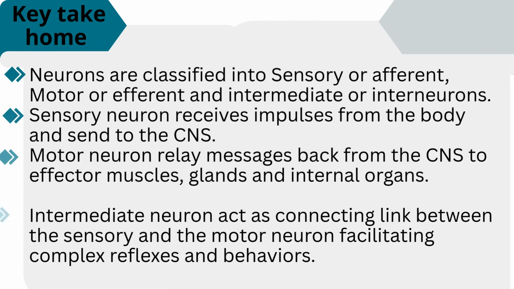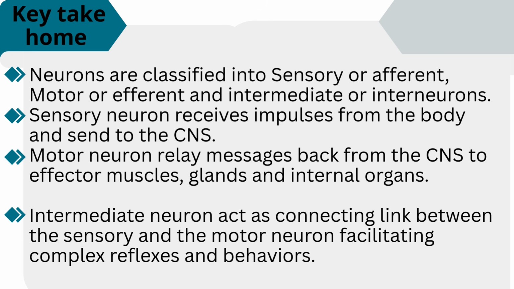We further learned that neurons are classified into sensory or afferent neuron, motor or efferent neuron, and intermediate or interneuron. Sensory neurons receive impulses from the body and send these to the central nervous system.